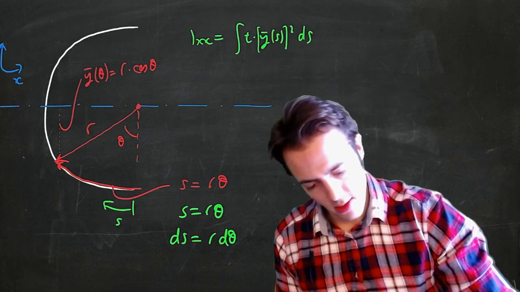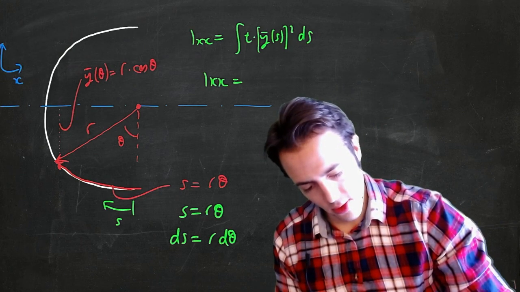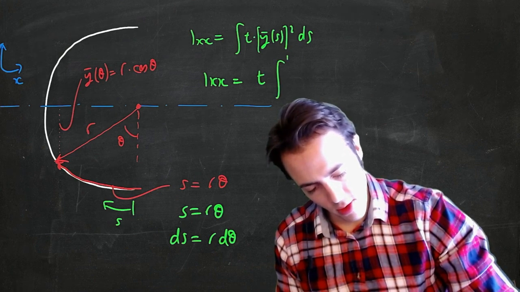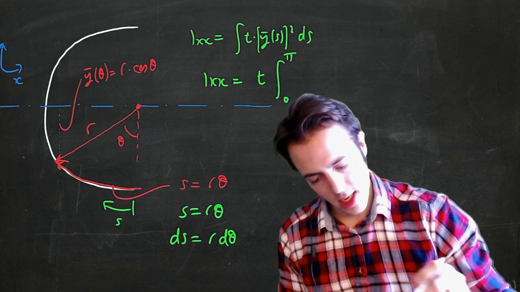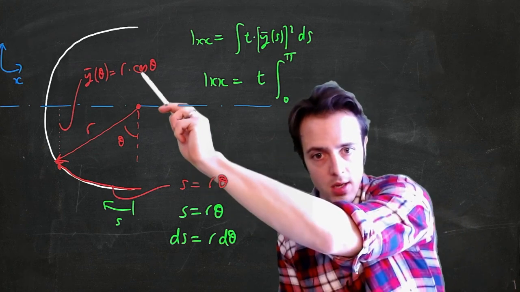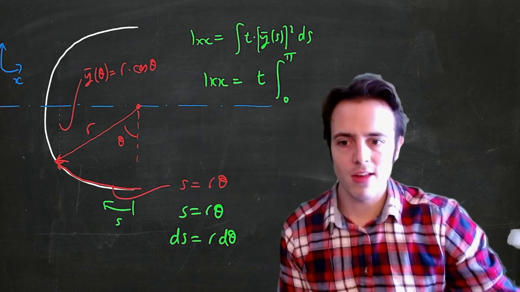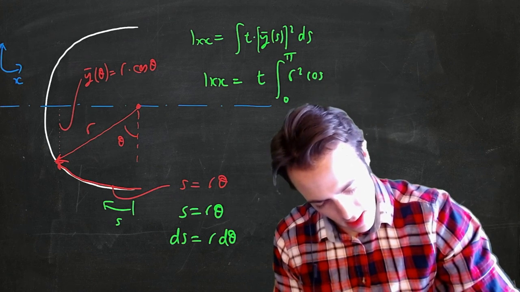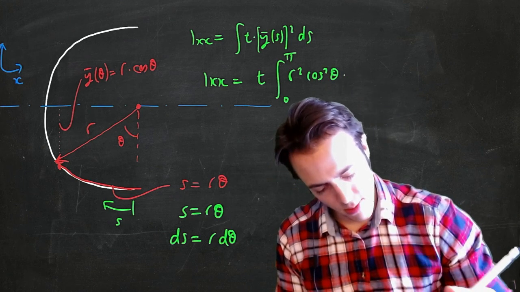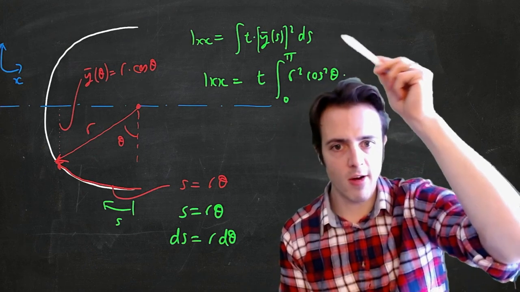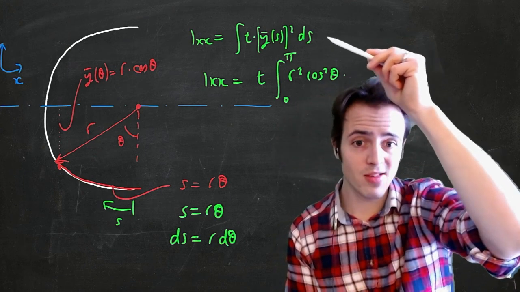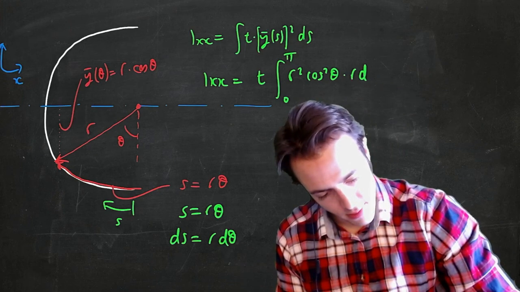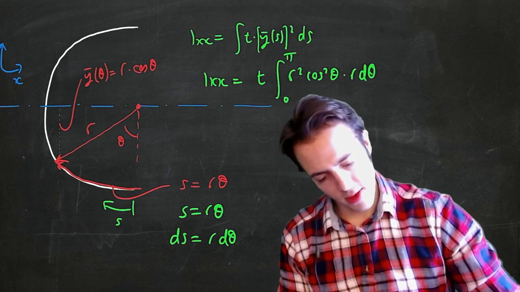So let's say Ixx is equal to, we'll take the thickness out, an integral from 0 to pi, and then I've got my r cosine theta. Let's just square that: r squared cosine squared theta, multiplied by, sorry, the variable of integration was s, and I'm going to change that to r d theta. Okay, so I've got this now.